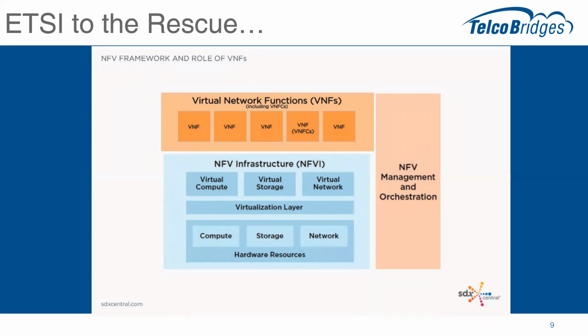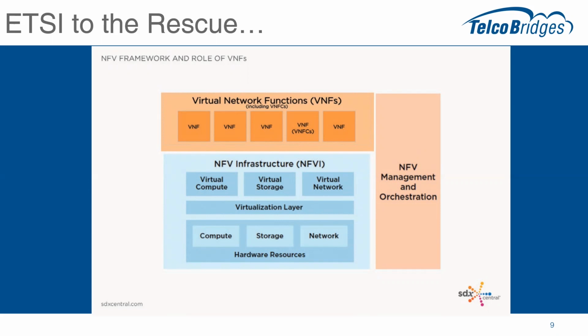And at the right is this management and orchestration layer, which helps manage the routes of the traffic through the lower layers, and which VNFs are activated, and how many instances there are of those various VNFs, and manage the overall platform.